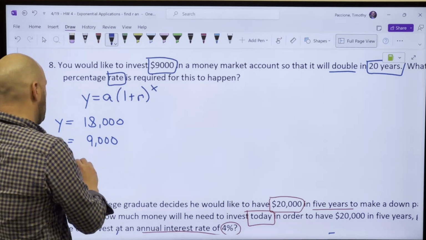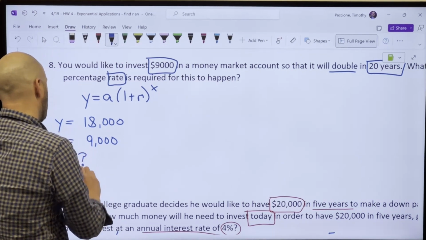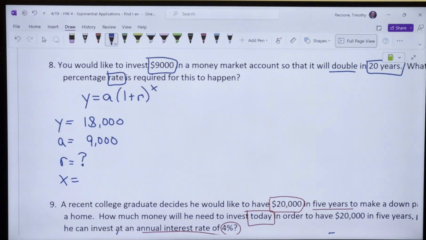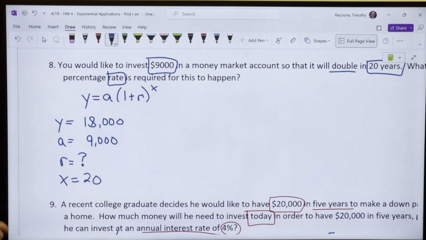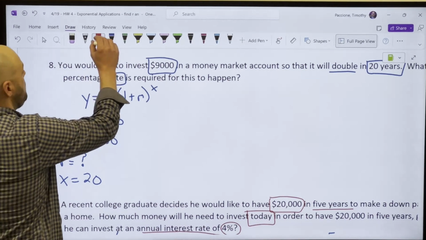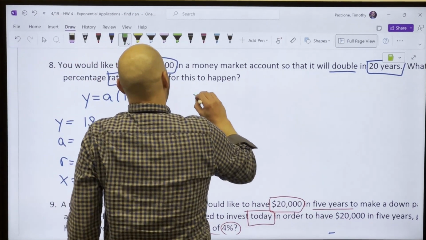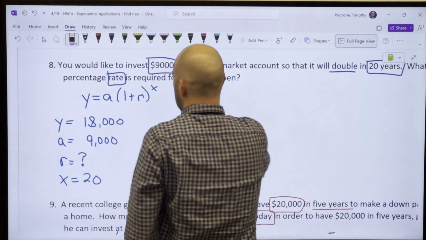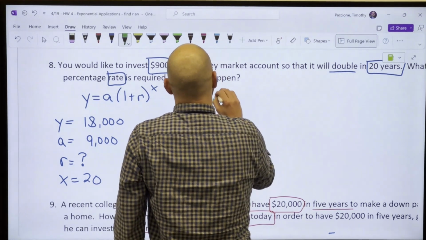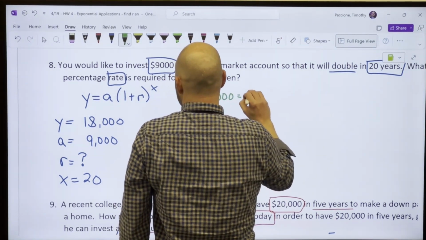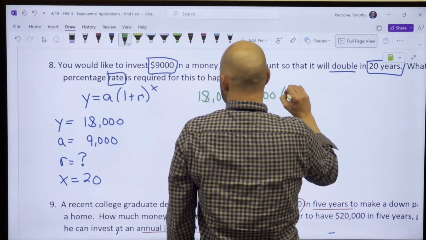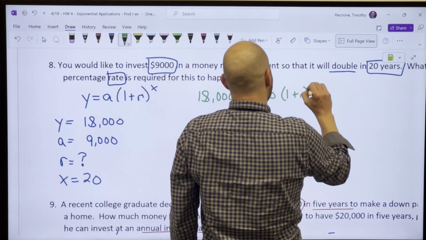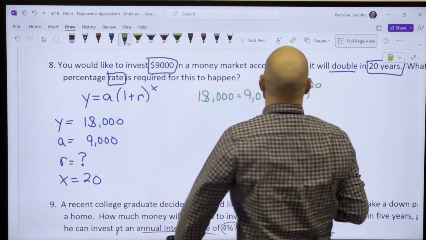What's our rate? We don't know, question mark. And how many years? 20. So I plug in my pieces and leave the piece that's missing. So 18,000 equals 9,000 times 1 plus r to the 20th.